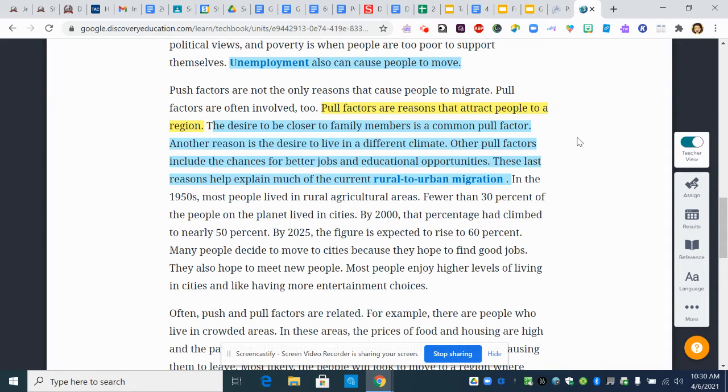A common pull factor is living closer to family members, living in a different climate that's a better climate, better jobs and educational opportunities, and then it also helps to understand the rural to urban migration, why people moved from the country or out in the kind of farmland or out in rural areas to the cities.